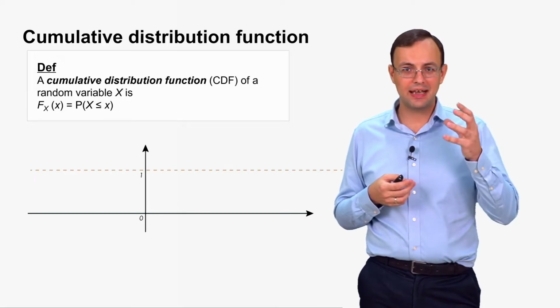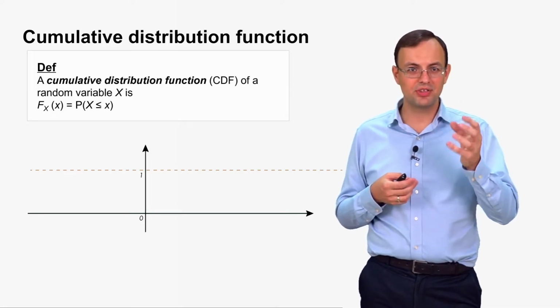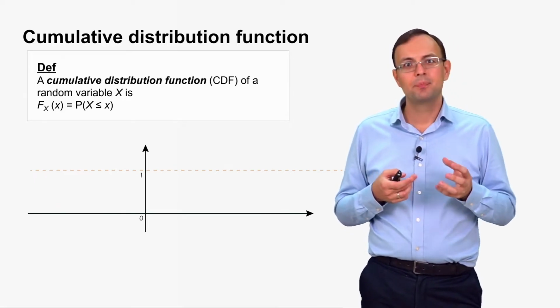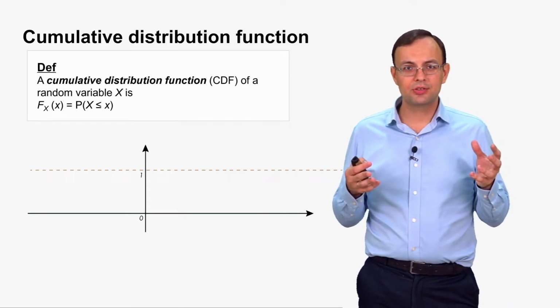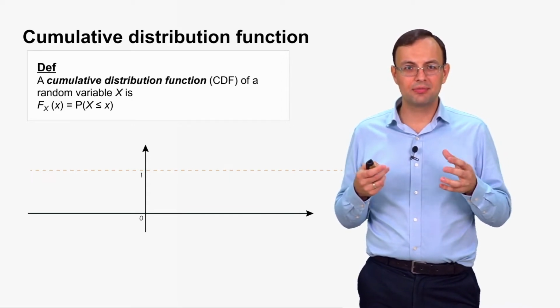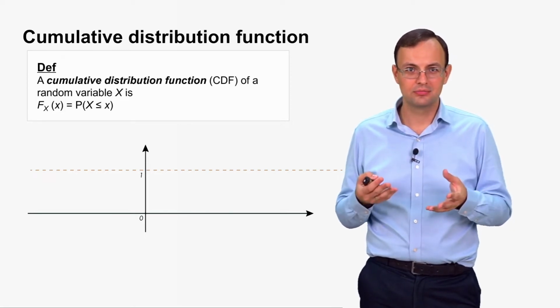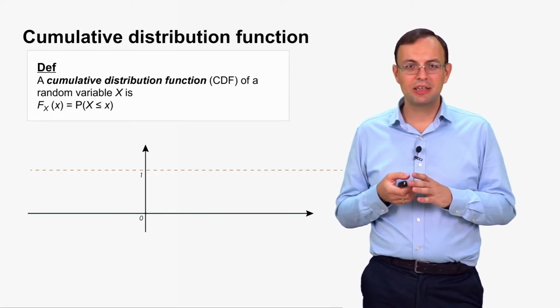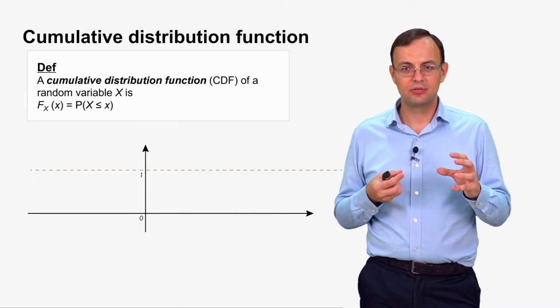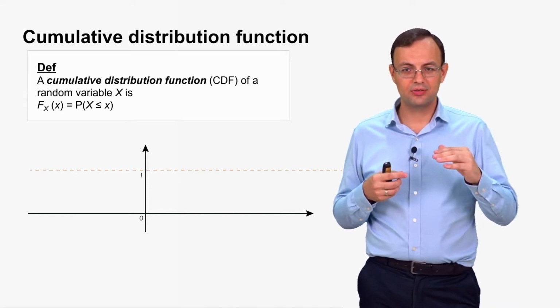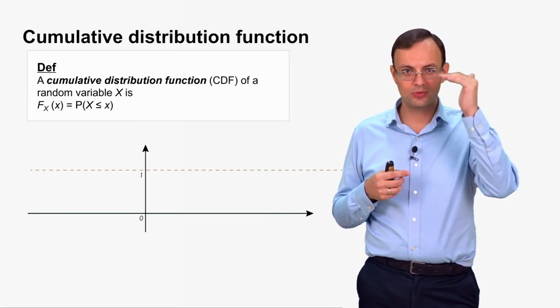And as a probability is a number from 0 to 1, we see that this function can take only values from 0 to 1. So the plot of this function lies in this range between 0 and 1.